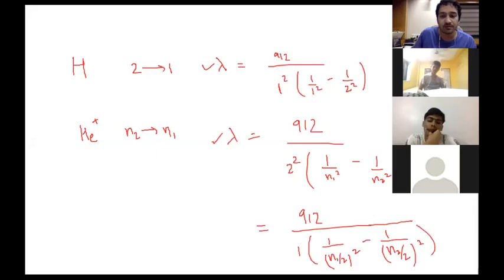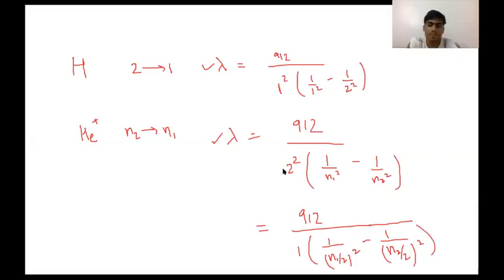Tell me if this is clear. Yes, sir. This 2 square I have taken inside the brackets and I have brought it in the denominator with N1. So I can bring this 2 inside and this will become 1 by N1 by 2 whole square minus 1 by N2 by 2 whole square.